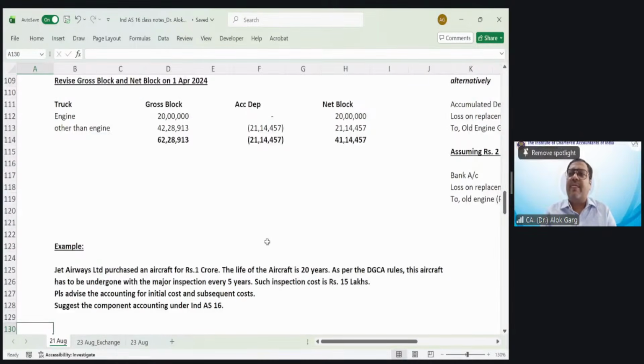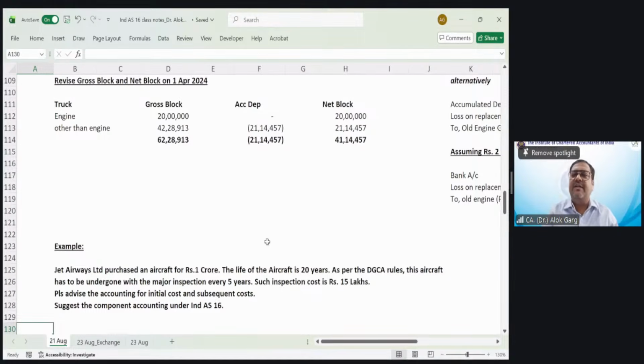So friends, these kinds of industries, these kinds of assets are highly regulated and subject to major inspection. For example, a company has purchased an aircraft. The life of the aircraft is 25 years. When the aircraft comes from the factory of Airbus or Boeing, it is flying worthy, fully inspected, fully checked.